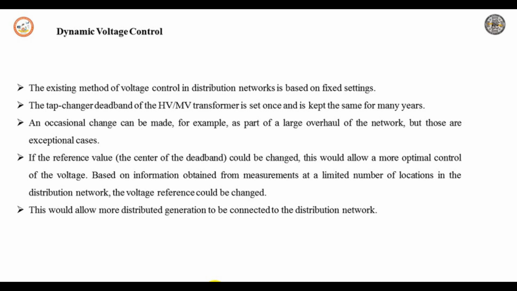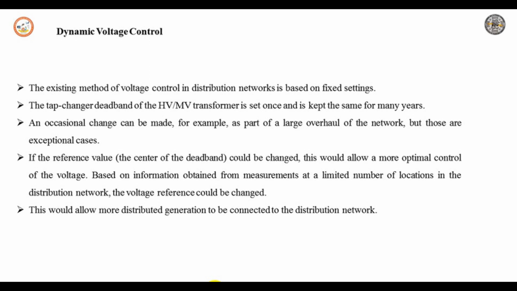If one of the margins becomes negative, the reference voltage of the tap changer is changed in steps of 1.5%. The measurements during the field trial show that the method works well: an additional 2 to 3 megawatt can be added to the wind park without the voltage limit being exceeded.